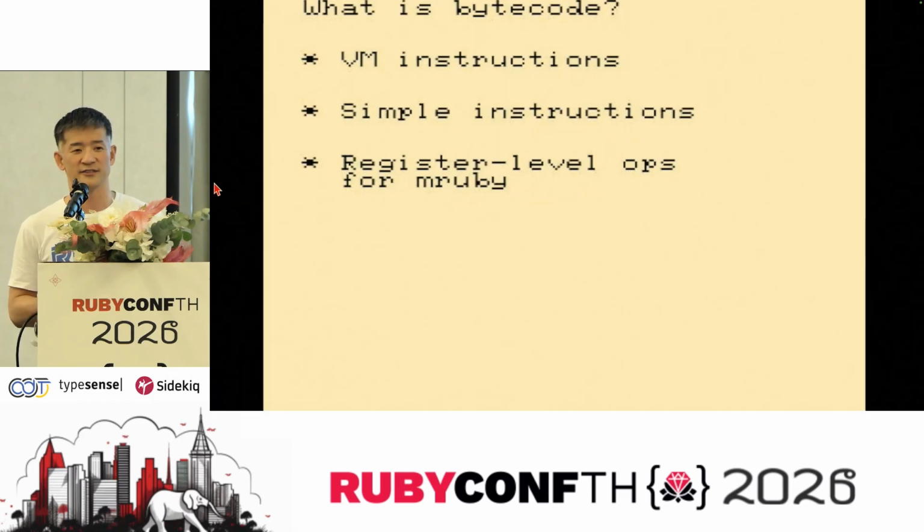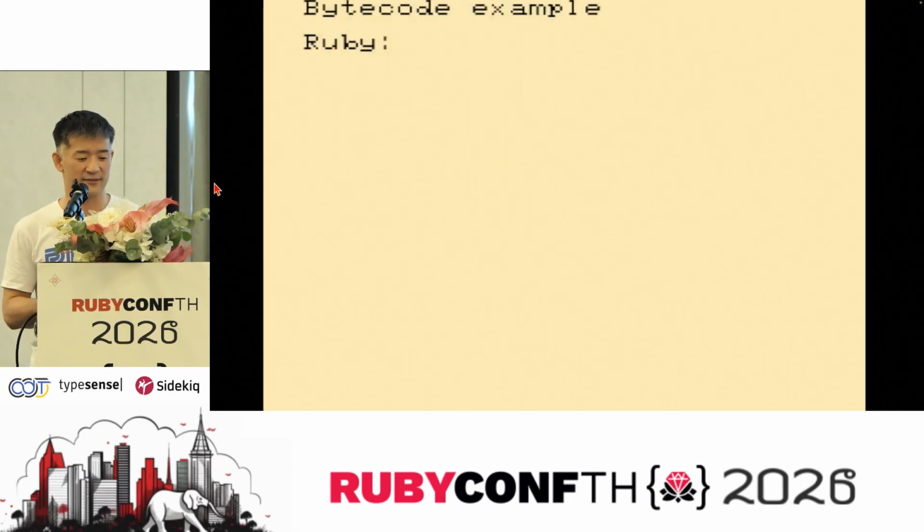What your processor does is fetch a value from memory, store it in a register, operate on the values, and then store back in the memory. That's the sort of stuff your physical processor does. And here, the mruby register machine does similar things. I'll show you a little example of bytecode.